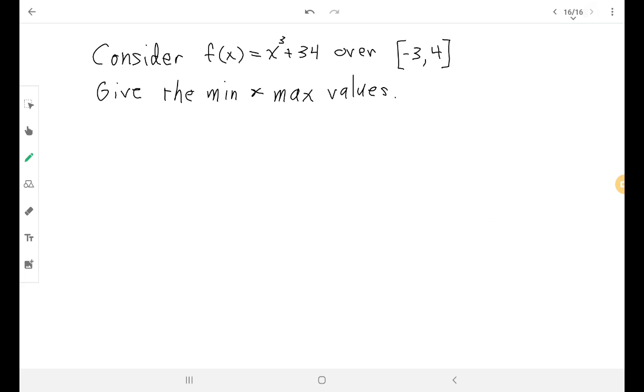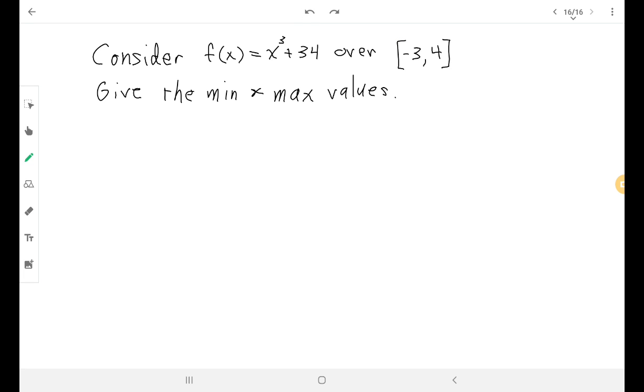And let's move on to our final question. All right, so let's consider this function over this interval. What this notation means is that we're only concerned with x values from -3 to 4, and the brackets mean that we are including -3 and 4.